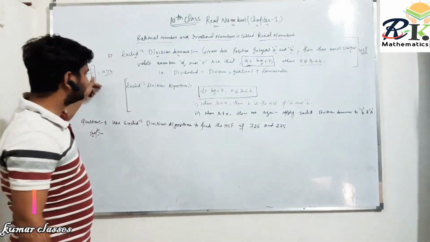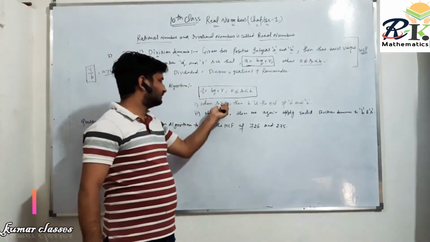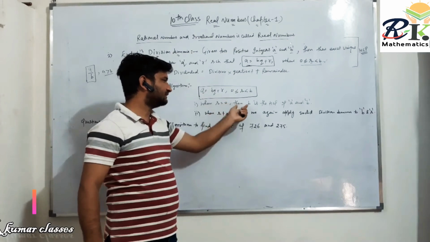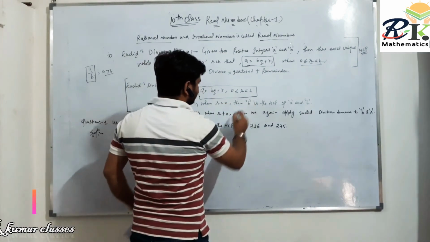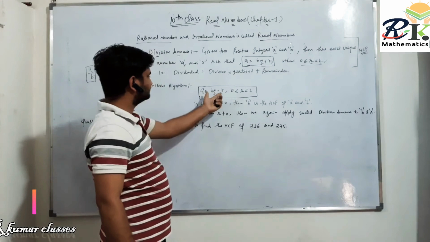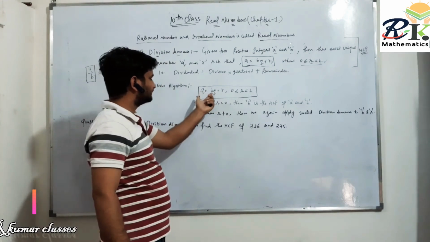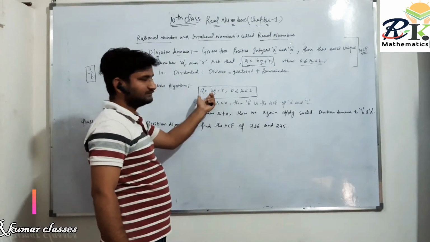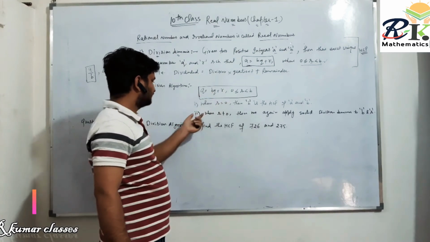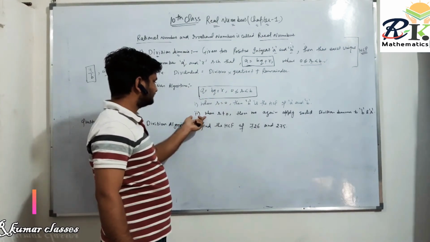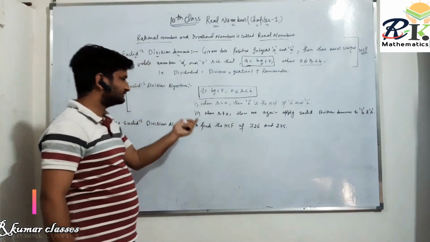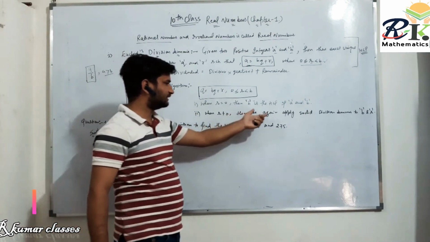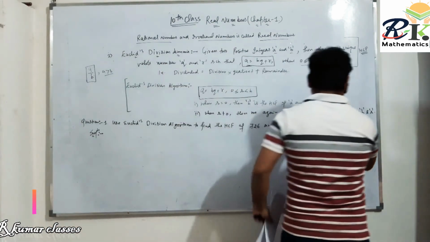When we divide a by b, if the remainder becomes 0, then b is the HCF of a and b. In this case, a is b multiplied by q, b is the divisor, and b is called the HCF. In the other case, if the remainder is not 0, then we apply Euclid's division lemma again for b and r.